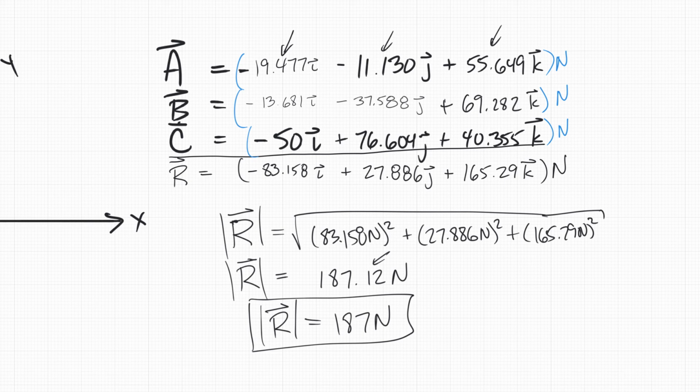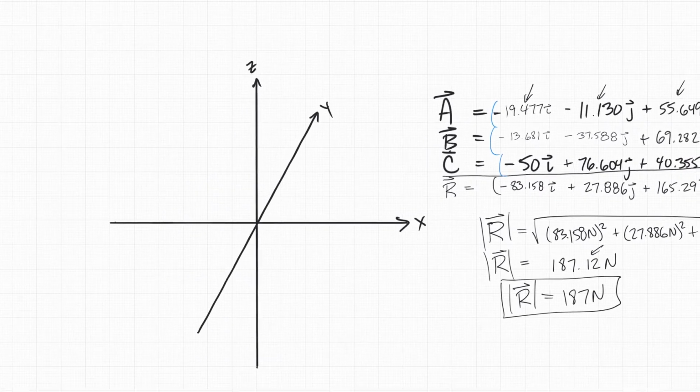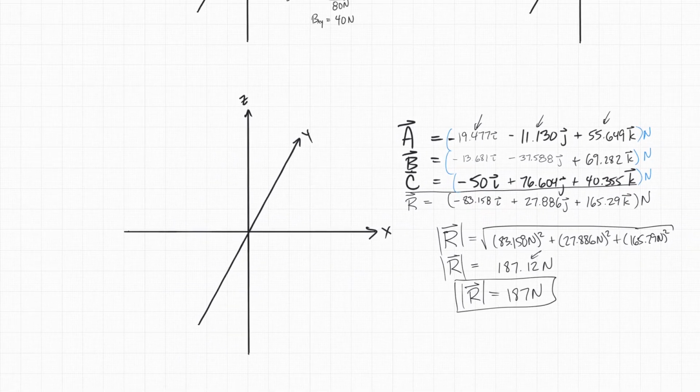If I wanted to draw this, we would go over here and say, well, negative 83.158, so maybe that's 1, 2, 3, 4, and a little bit blocks in the x direction. And then 27.866 in the j direction.